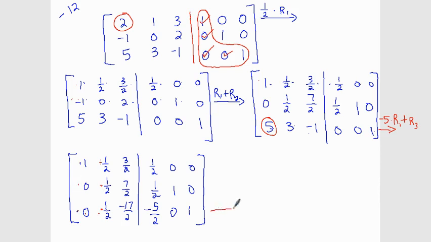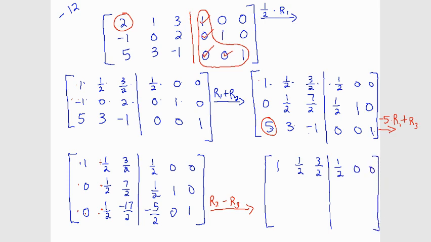So here, I'm going to do row 2 minus row 3 in the place of row 3. So again, row 3 is changing, rows 1 and 2 are not. So I'll write them out. 1, 1/2, 3 halves, 1/2, 0, 0, and then 0, 1/2, 7 halves, 1/2, 1, and 0.